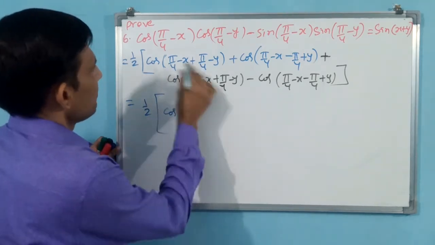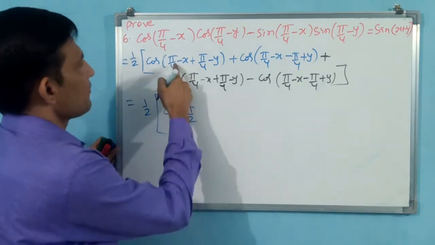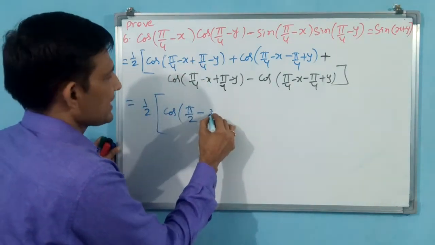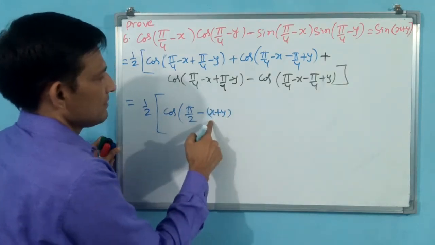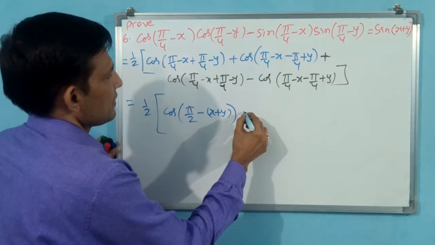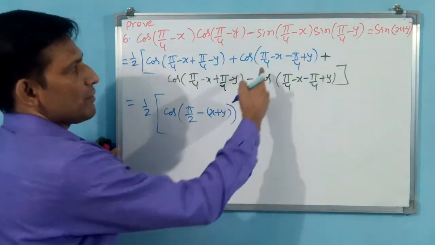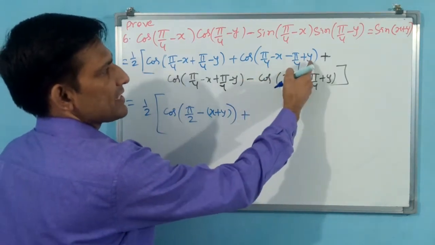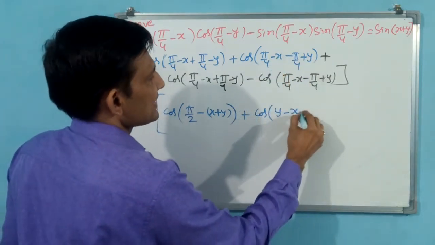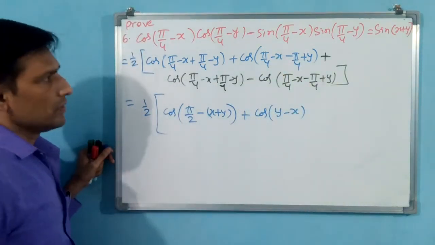Pi by 4 plus pi by 4 is pi by 2, minus of minus x minus y. I can write minus (x plus y) like this if you put in bracket. Okay. Plus, see, pi by 4 minus pi by 4 is going to get cancelled. Plus y minus x, I can write cos of y minus x. Is it okay? Yes.